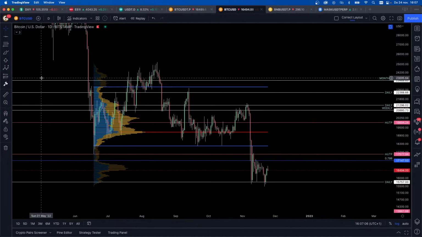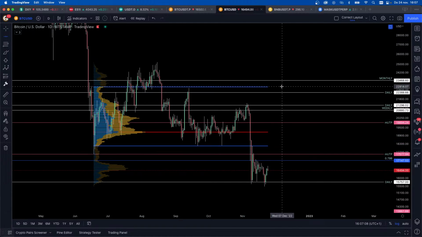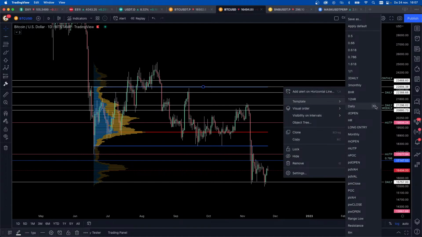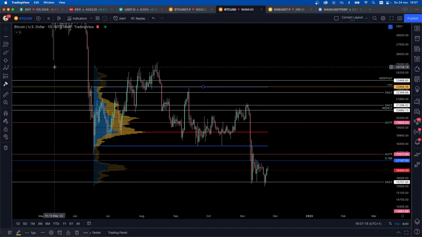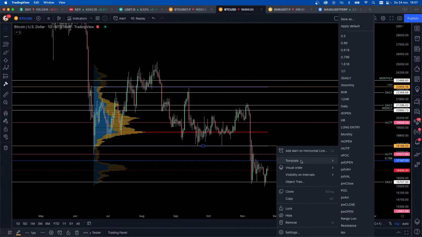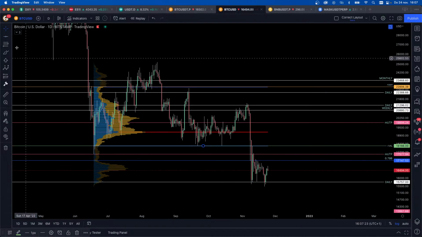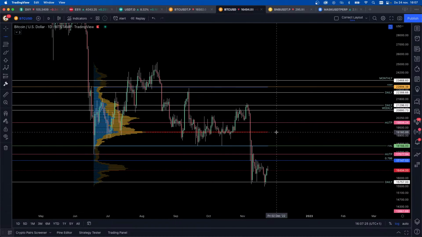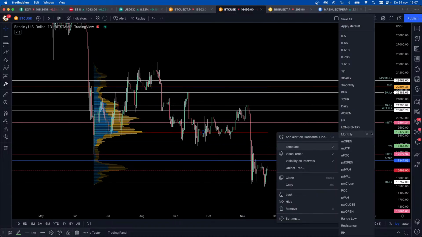What you can see over here is your value area high of this range, your value area low, and your point of control from previous range.